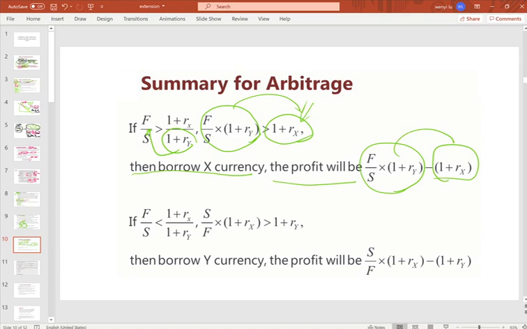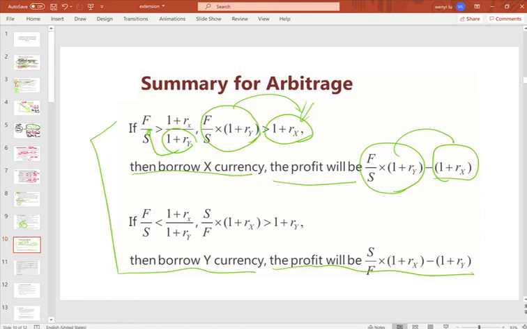In the opposite case, if the interest rate is higher in the X country, you will borrow the Y currency and lend the money to the X country, so you will get a profit in this format. For both conditions, you don't use your own money.